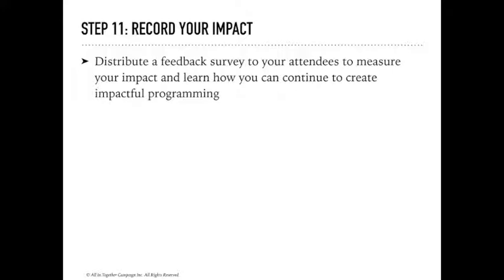So doing a follow-up survey, whether it's a printed survey that you give to folks before they leave, at the end of your workshop, or if you want to follow up through email or include a link to a digital follow-up survey in your follow-up email to folks, it's really important that you're gathering feedback so that you can learn how you can grow as an organizer, as a presenter, and what was meaningful to folks, what did people want to see or want to learn next, so that you can use all of that information in your organizing efforts going forward.